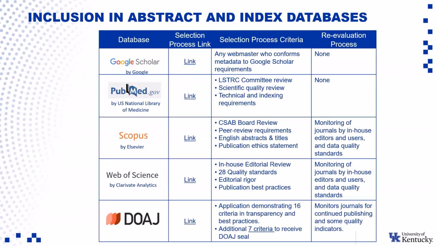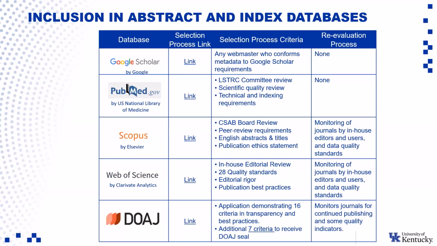Next up, we need to look at whether a journal is indexed in a major database, which is incredibly important for increasing the visibility of the journal and for disseminating your research to a wide audience. Databases generally have selection criteria, and journals must meet those in order to be indexed.